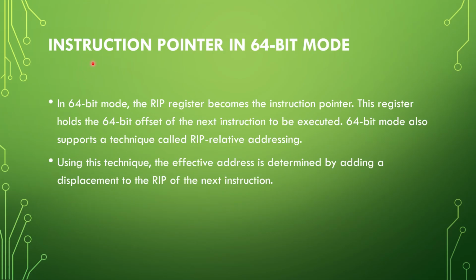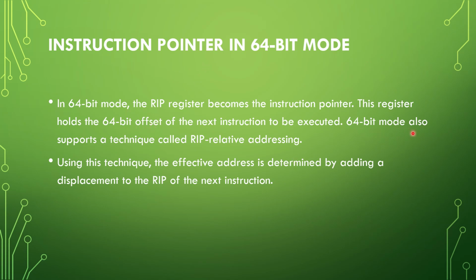Now, when it comes to the instruction pointer in 64-bit mode, the instruction pointer register becomes RIP. This register holds a 64-bit offset for the next instruction to be executed. Previously, it had a 32-bit offset. Now it has a 64-bit offset. Why? We are discussing 64-bit mode, right?